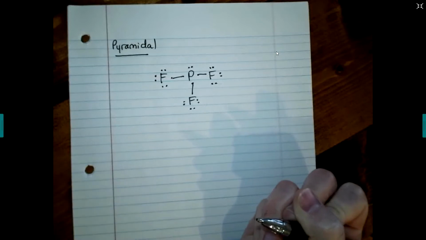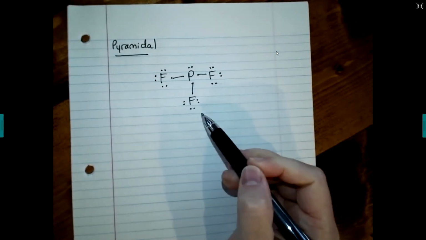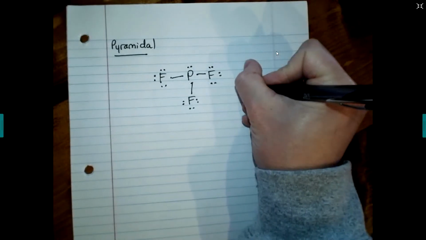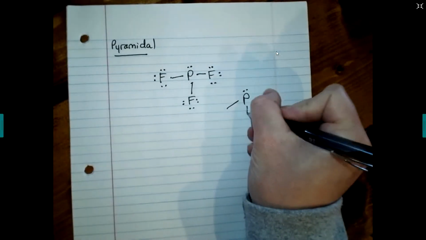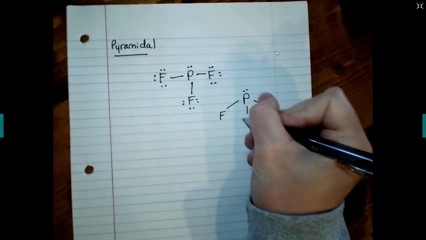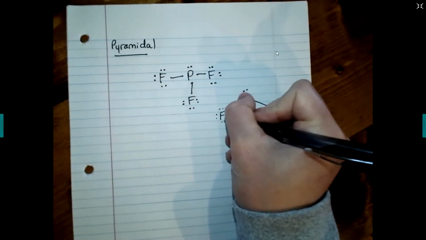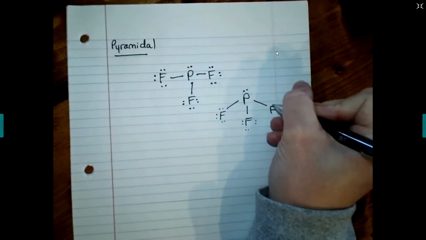All right, and that's the way we draw it using the Lewis structures. What it's really going to look like is you've got this lone pair on top, and these fluorines are just trying to get as far away from the lone pair and as far away from each other as possible.